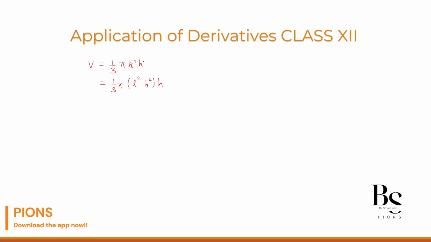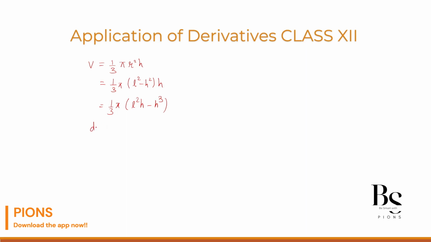You can follow other textbooks or online stuff where they have converted it to h and made it under root. Now students find this root thing a little complicated. That's why I converted r square. That's the only purpose. So 1 by 3 pi, L square h minus h cube, correct?